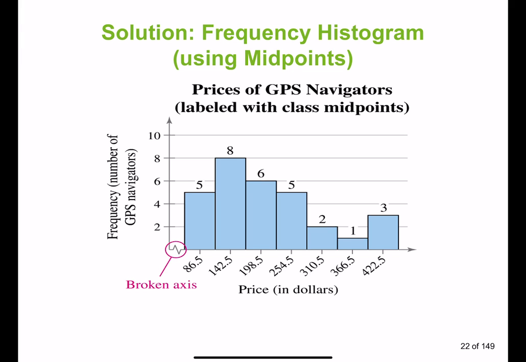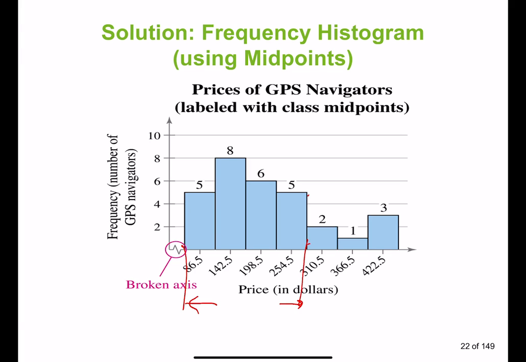Now, looking at the histogram, let's say you are the store owner that sells GPS. What conclusion can you draw? You can draw the following conclusion: the most popular GPS are the ones sold between 86.5 and 254.5 midpoint dollars, right? So you will know that these price limits are the most in demand.